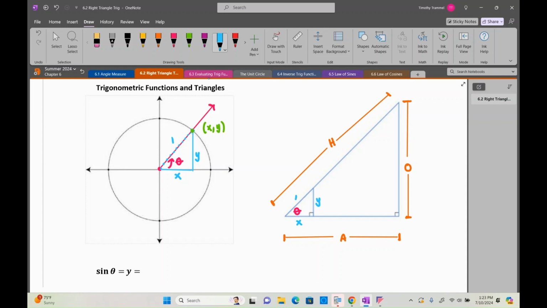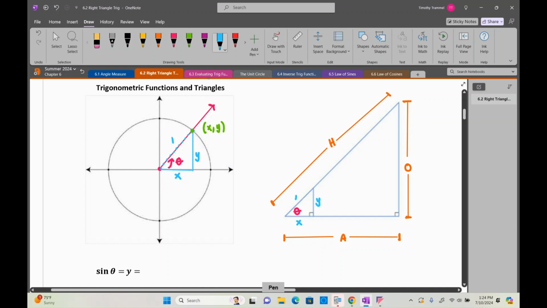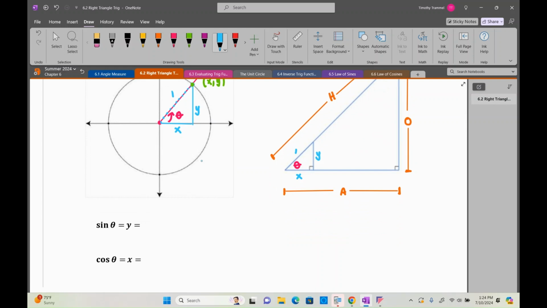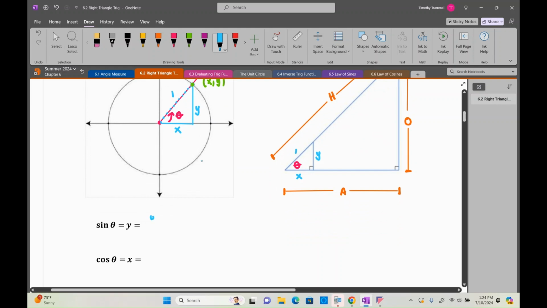So here's the trick, okay? And it is that if we're looking at sine of theta, right? Well, that should be the y value here, okay? Now, what's not clear is that I could write this actually as y over 1.